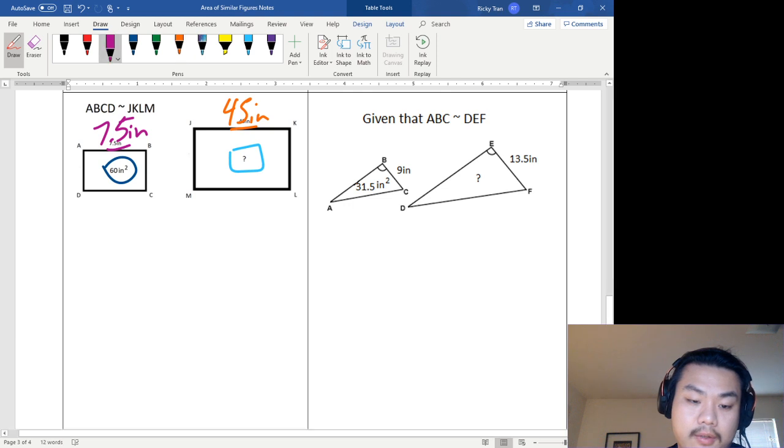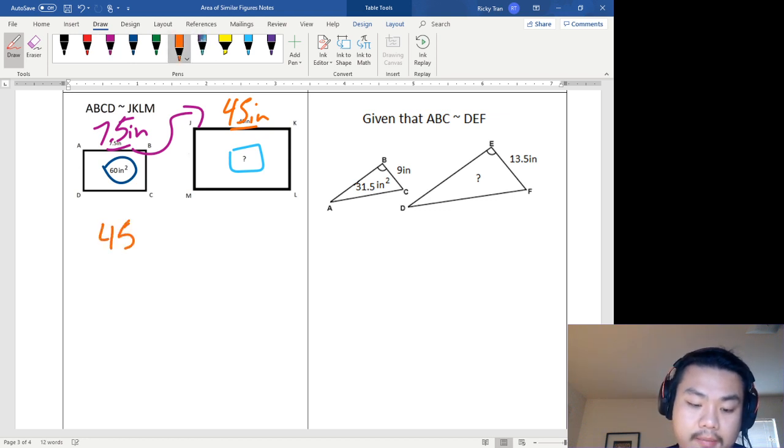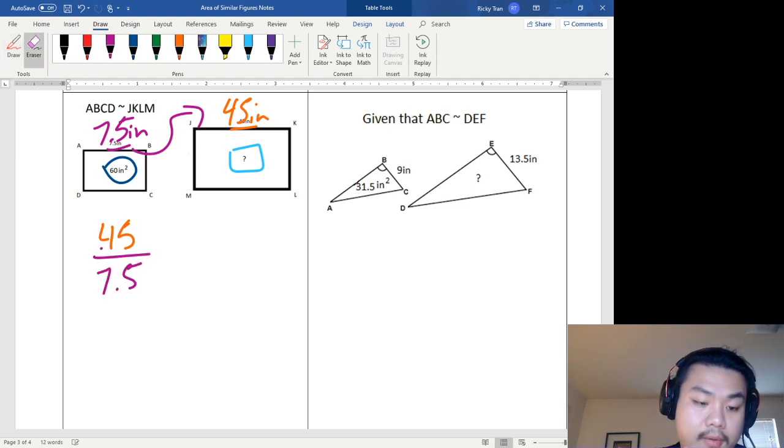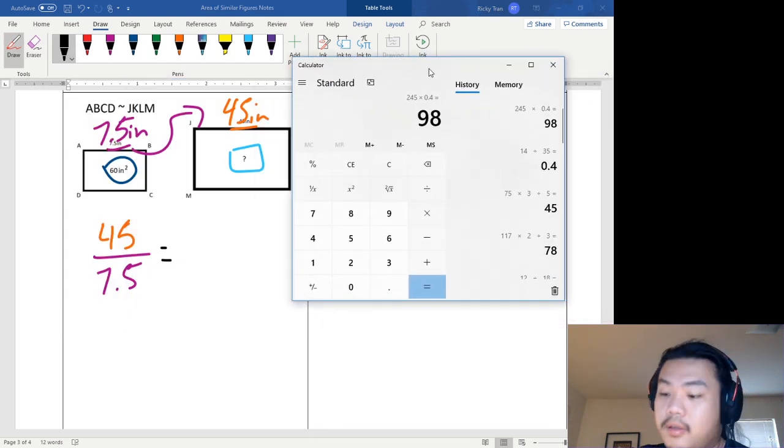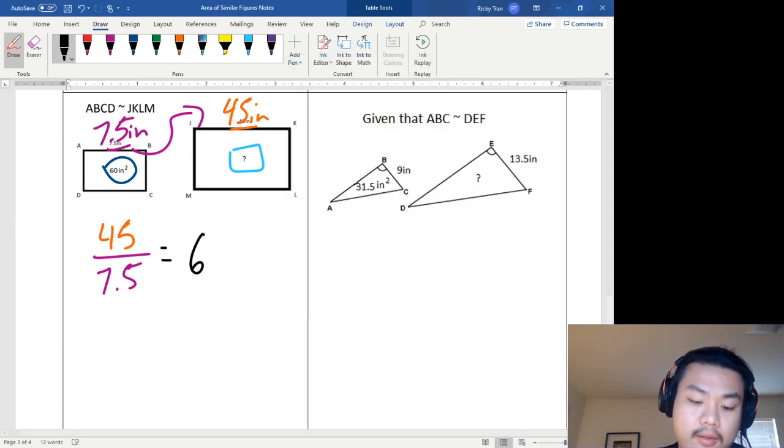Okay, so it's going to be from here to there. So small to big. All right, so 45 is on top. 7.5 is at the bottom. And that's going to be 45 divided by 7.5 or 6.